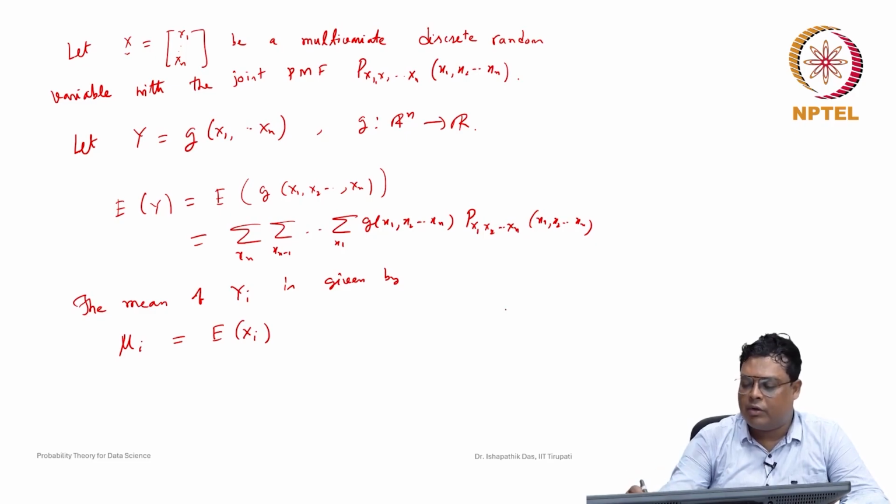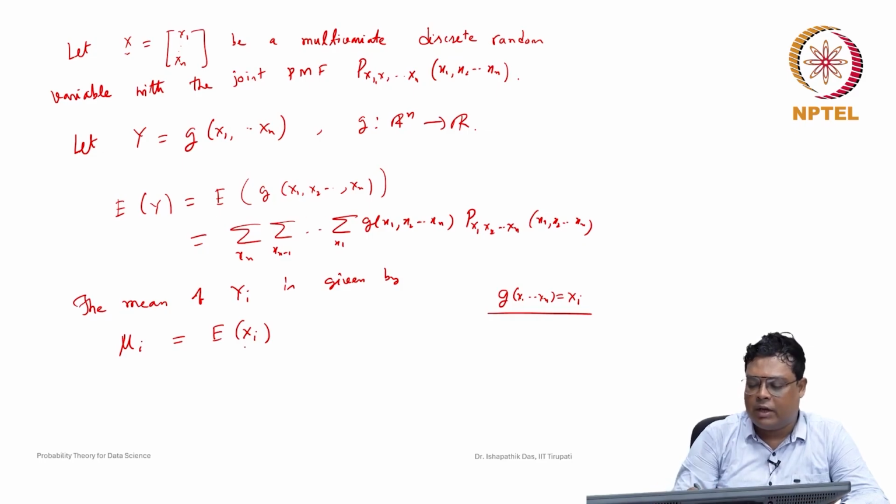Whenever we write the expected value of xi, we are considering the function g(x1, x2, xn) to be nothing but xi. If you put g(x1, x2, xn) equal to xi in the general formula, you can find the expected value of xi.